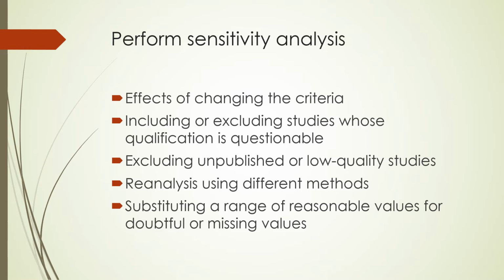You could exclude unpublished or low quality studies. Low quality meaning they weren't carried on for a number of years. Maybe some of the methods that they used aren't really considered state of the art at this time.